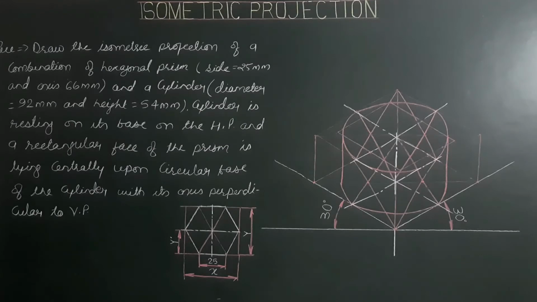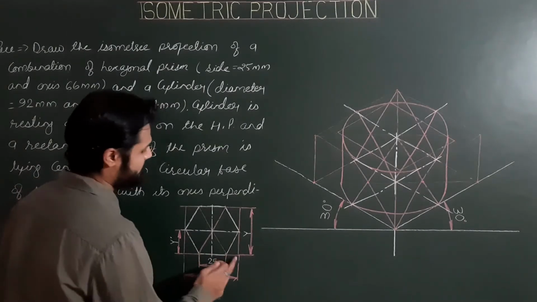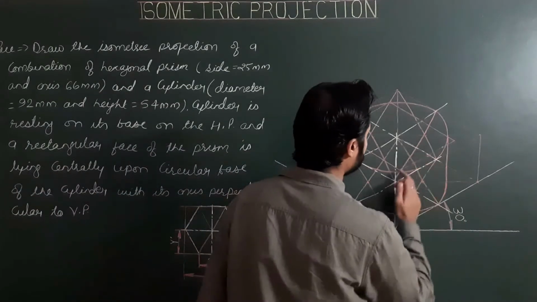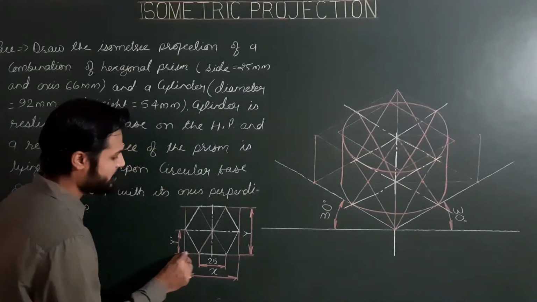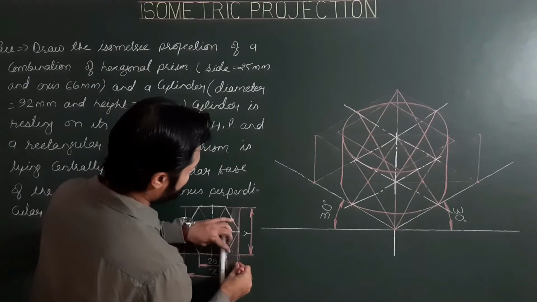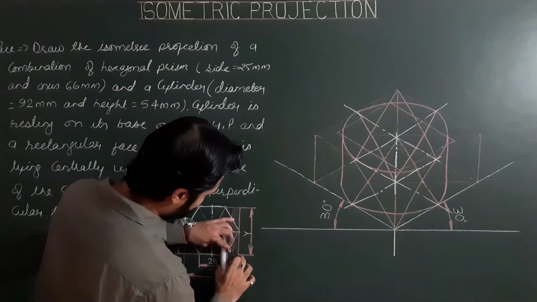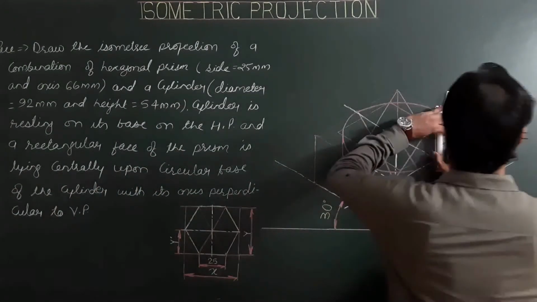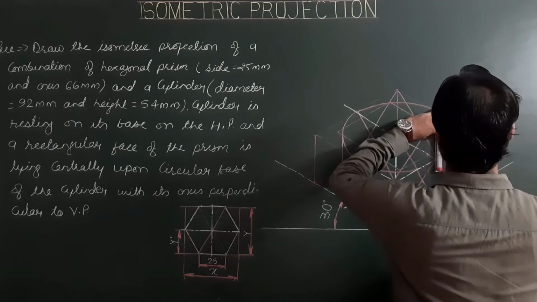Now the side of length x is projected here. So from these two corners we have to draw lines parallel to the third or vertical axis for the length of y.